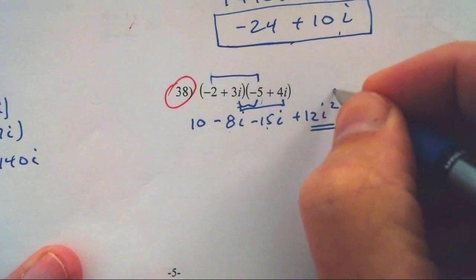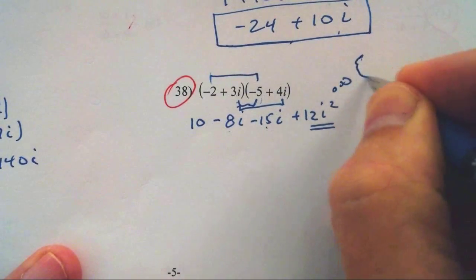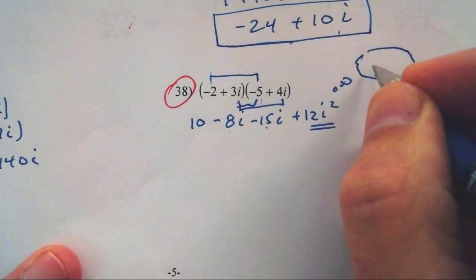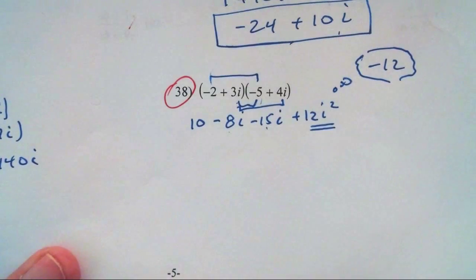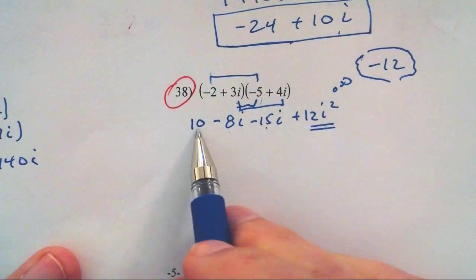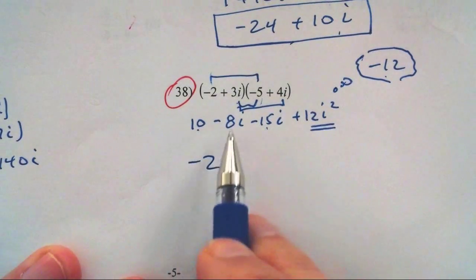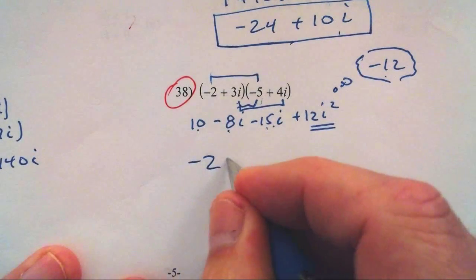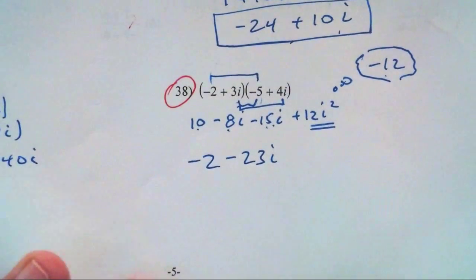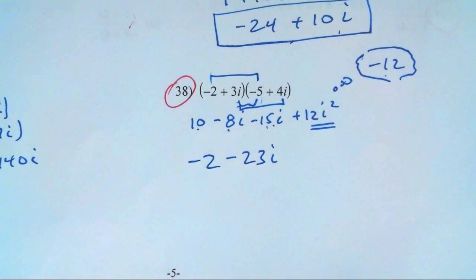But that guy, here's my little thought bubble, is negative 12. Is that all right? So I've got a real 10 and a real negative 12 for a total of real negative 2. I've got negative 8 and negative 15, negative 23i's. Hands if you beat me to that answer. Not bad, is it?